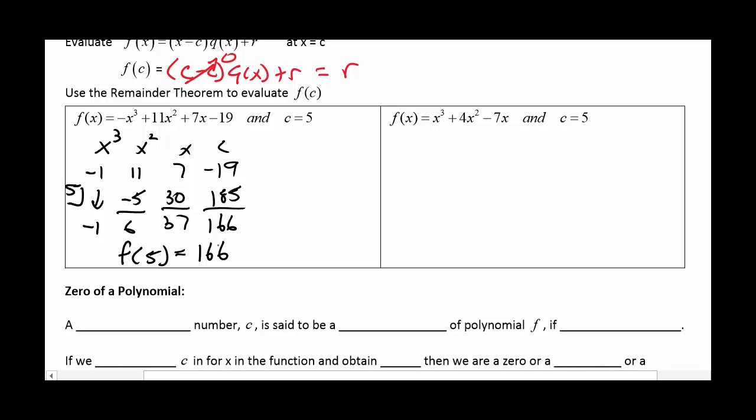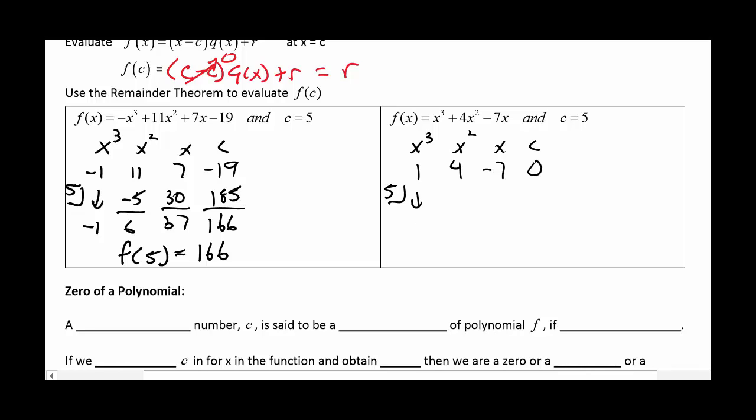Same thing with next door, we've got a different function. So make a list of my coefficients. The coefficient of x cubed is 1, then 4, -7, and I don't have a constant, so I put a 0 in there. And evaluate that at 5.